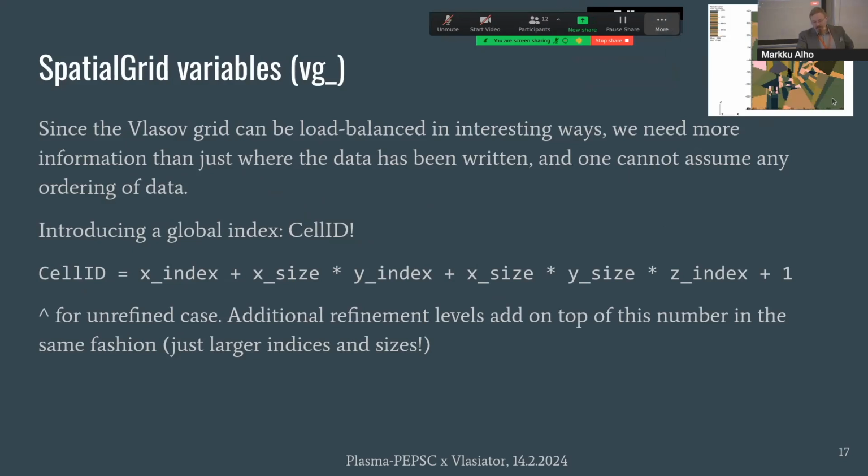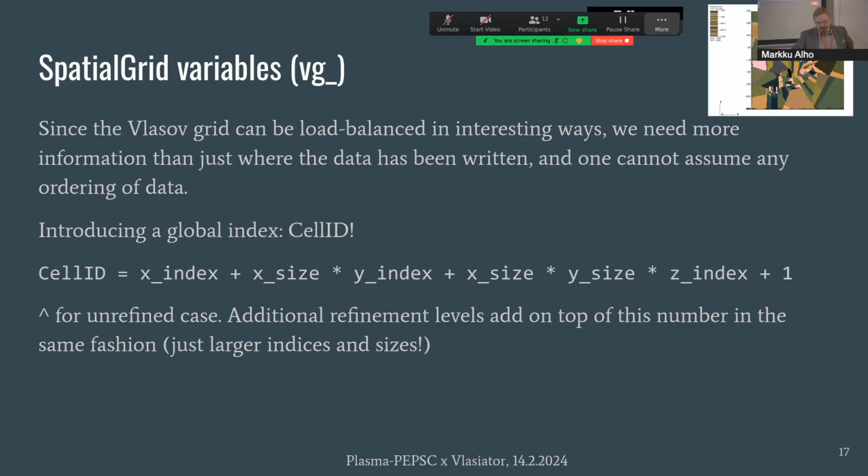Yes, as I was mentioning, if you start to go in some X, Y, Z ordering, then the rank from which you are writing might change abruptly and pretty weirdly even. So this interesting load balance requires that we have some way of tracking that this block of data in the file is related to this particular cell on this three-dimensional mesh that may or may not be refined.